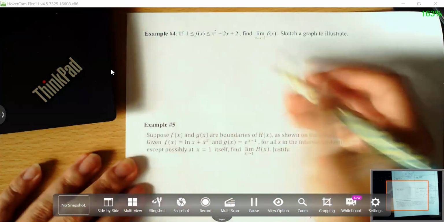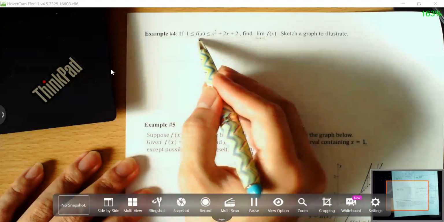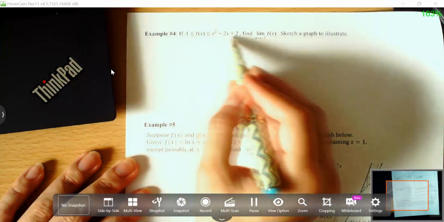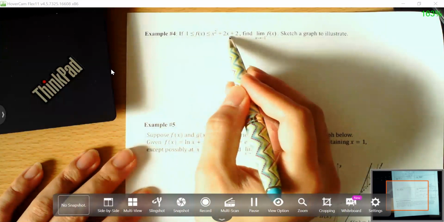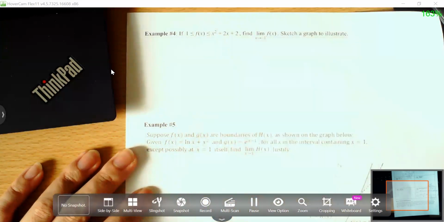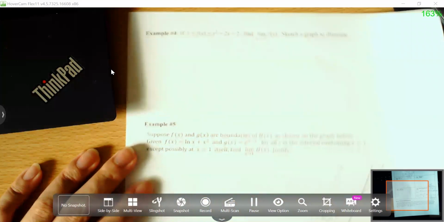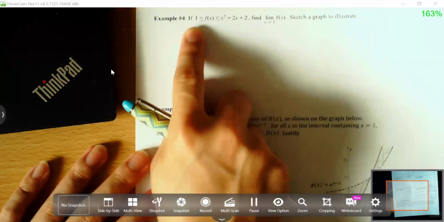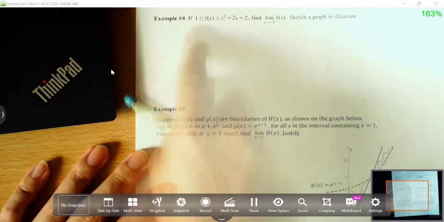So I know by looking at this, f will always be between 1 and x squared plus 2x plus 2. This is a parabola, and I don't know what f of x looks like. But this looks like I could use the squeeze theorem.